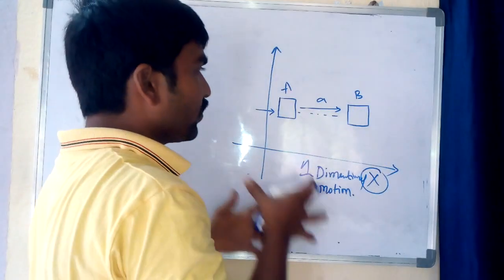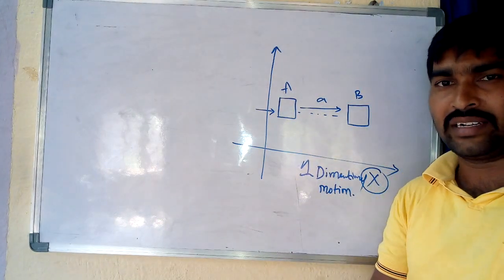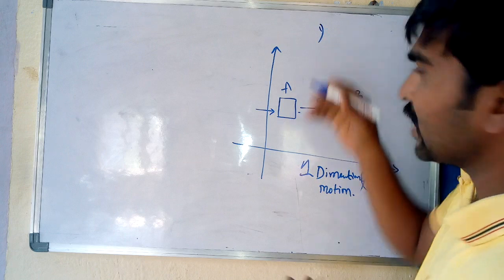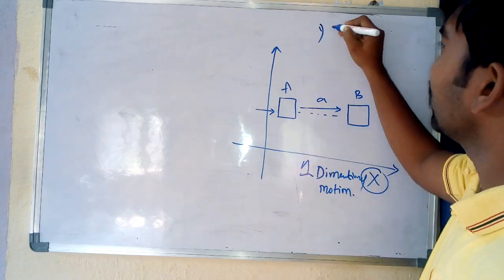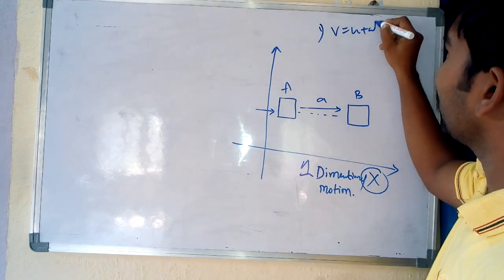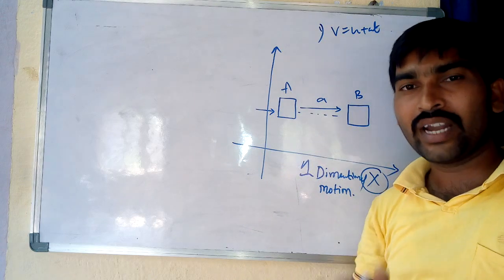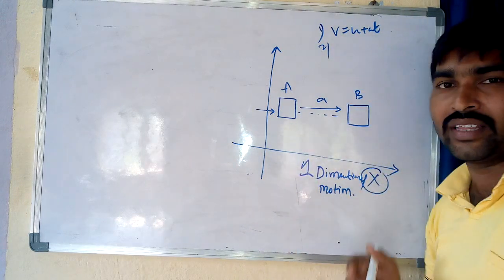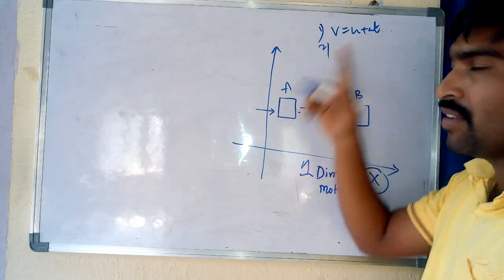In this we are using three formulas about motion. You know very well about that. What are the motion equations? The first one is V is equal to U plus AT.